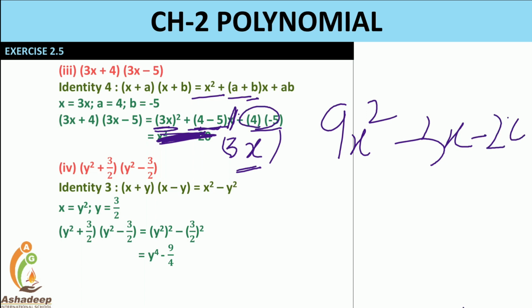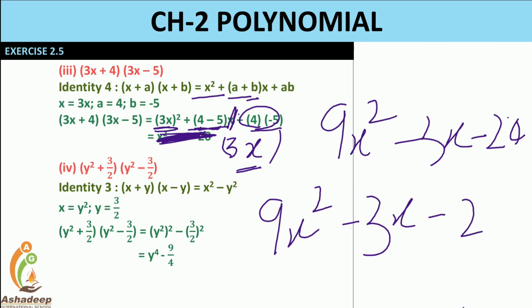So our answer is 9x square minus 3x minus 20. This is our answer. If you factorize this, you will get the same answer. So answer is 9x square minus 3x minus 20.